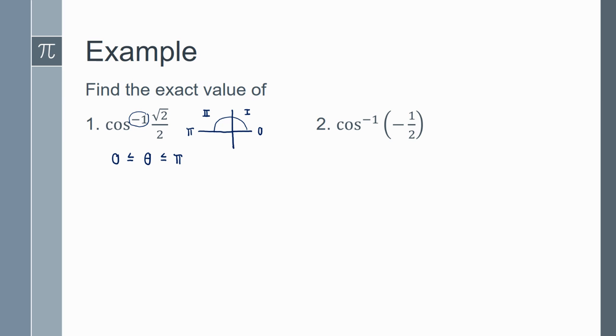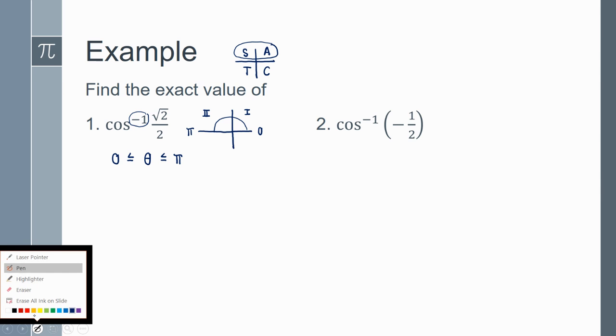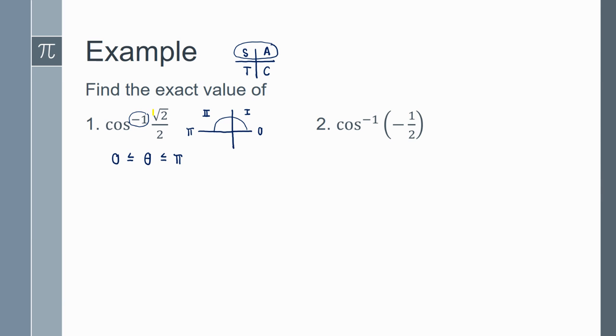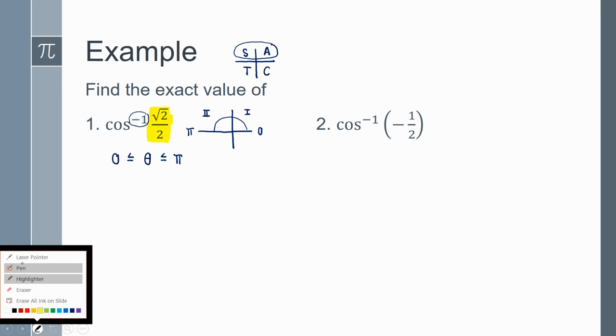Okay. So when we are talking about, once again, all students take calculus, this time we're focusing on the top 2 quadrants there. So I'm going to determine what quadrant I want to draw a picture in based off of the ratio that they're giving me. Notice that my ratio is a positive ratio.